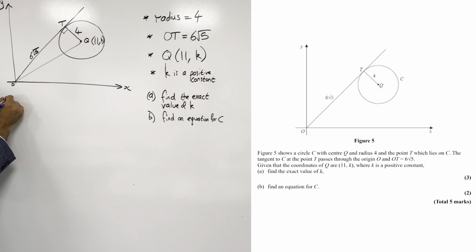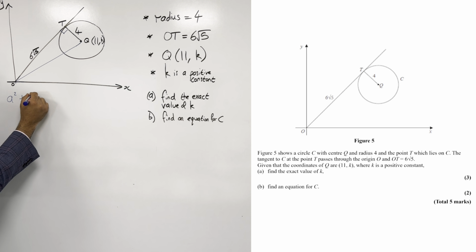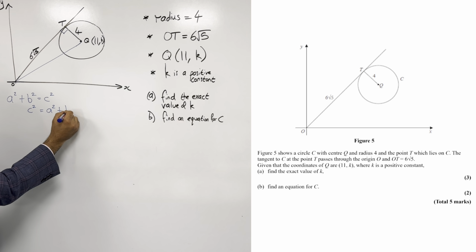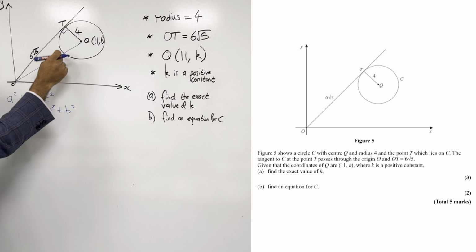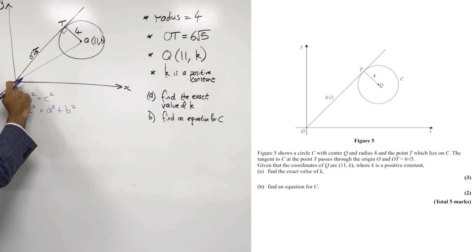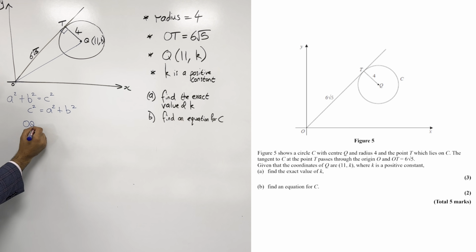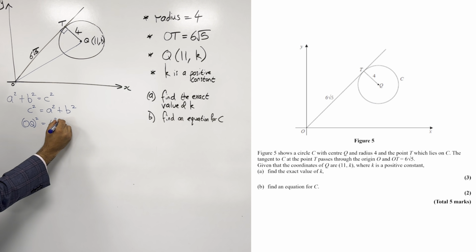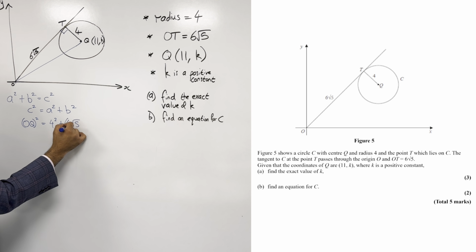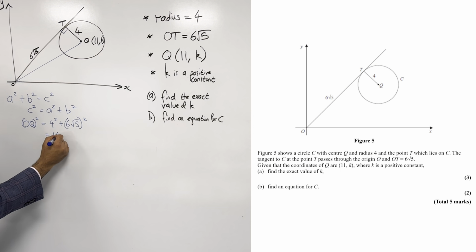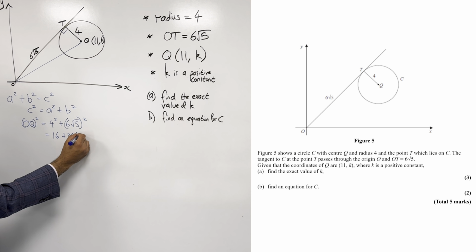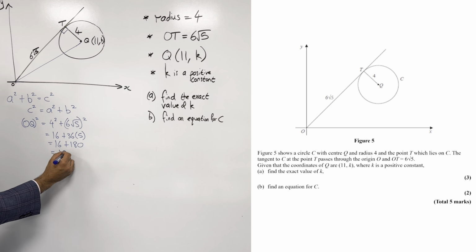Using Pythagoras' theorem, a squared plus b squared equals c squared, which I'm going to rearrange to c squared equals a squared plus b squared. The hypotenuse, I know this is the hypotenuse because it's the length opposite my right angle. So that is the length OQ. So the length OQ, all squared, is equal to 4 squared plus 6 root 5, all squared, which is 16 plus 36 times 5, which is 16 plus 180, 196.